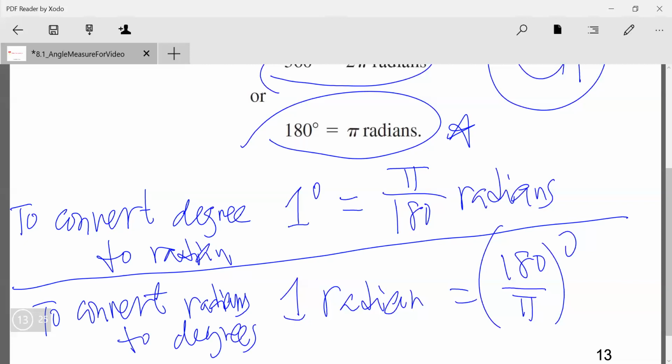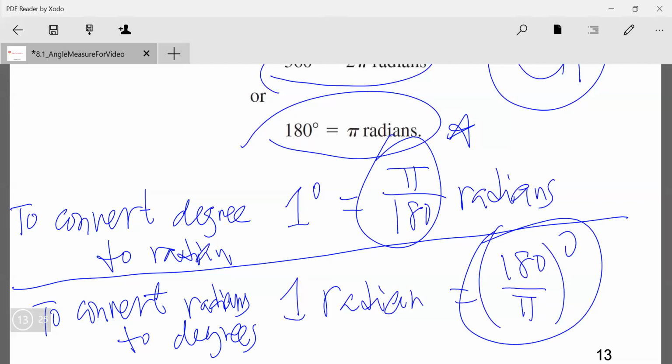So those are the basic formulas. You just need to multiply the measure of your given angle by pi over 180, or multiply by 180 over pi.